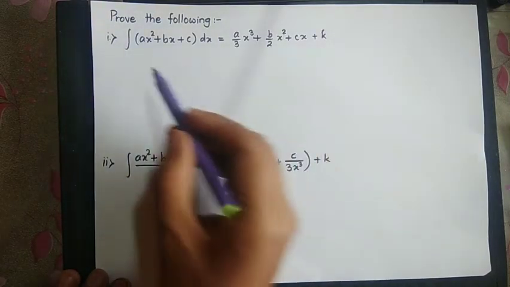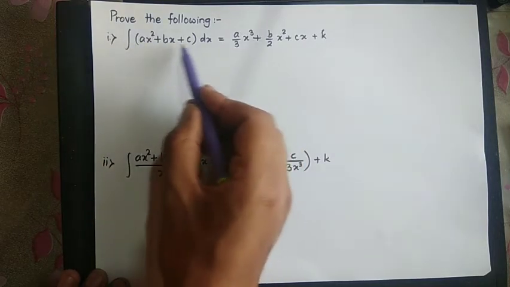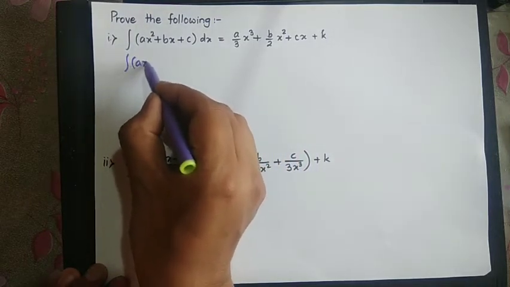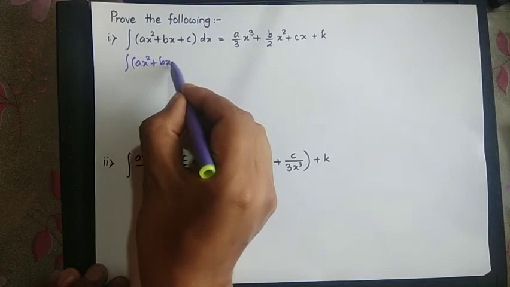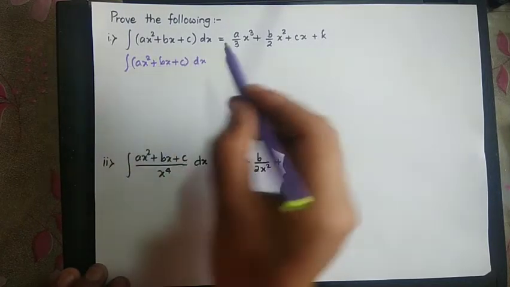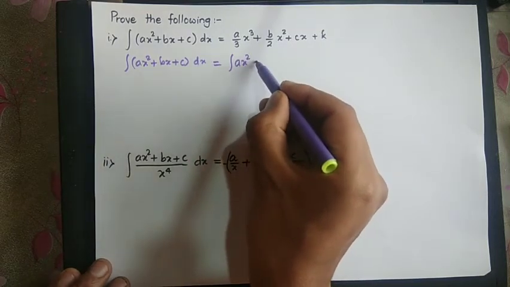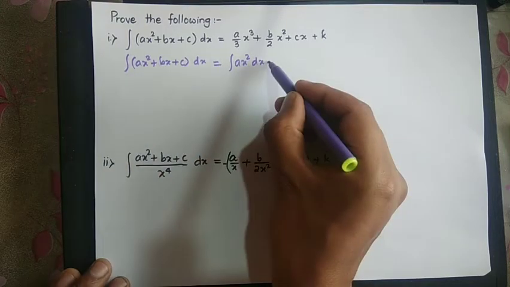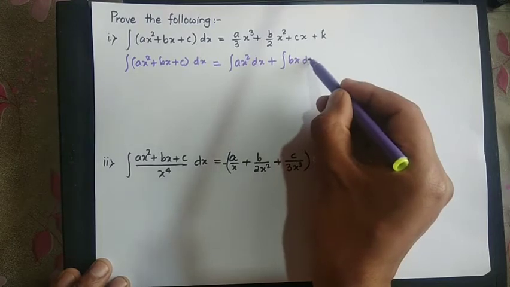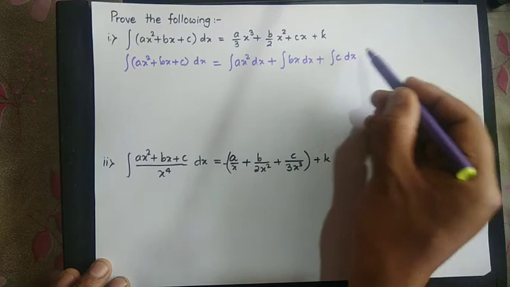We know that whenever there is a plus sign, the integral can be distributed over all of them. So we have the integral of ax squared plus bx plus c dx. Now this integral can be distributed over plus, so I can write integral of ax squared dx plus integral of bx dx plus integral of c dx.